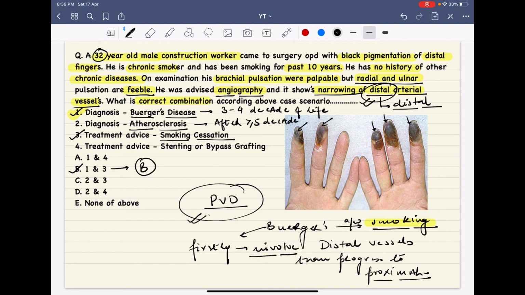They can also give a different scenario in which they replace this with proximal, and they will change the option, and the answer will shift from Buerger's to atherosclerosis. So lastly, I want to say that these types of scenarios are currently in fashion, and you have to practice multiple questions like this, because in today's exam these types of questions are in fashion.